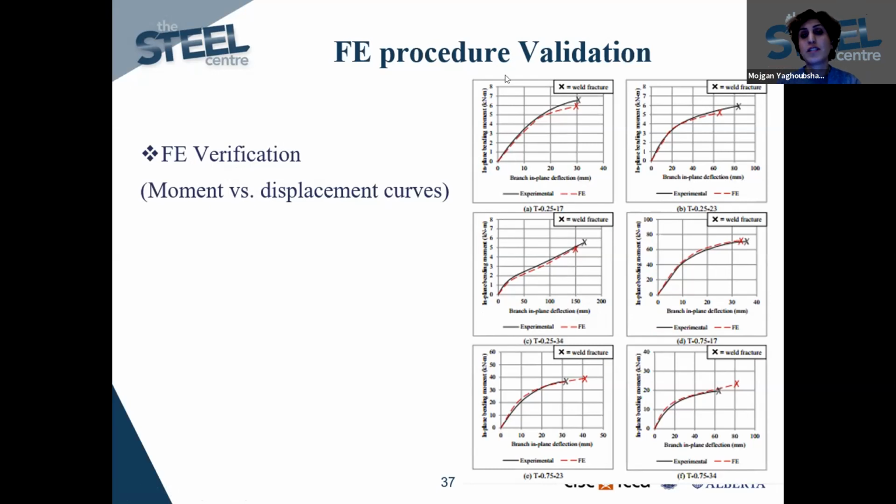These are the comparisons between the load versus displacement based on the experimental test and the finite element output. These cross marks are where the fracture actually happens in the weld.